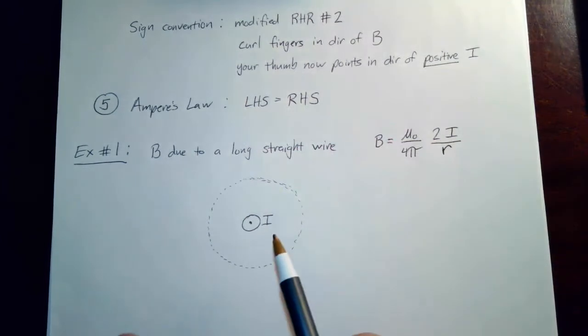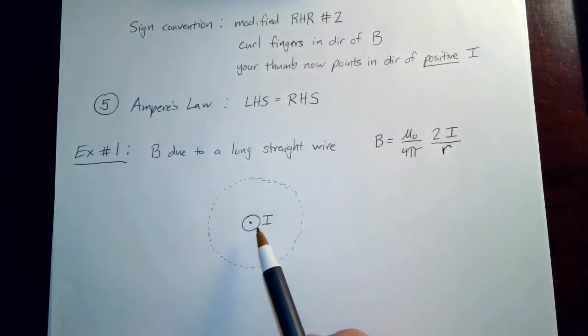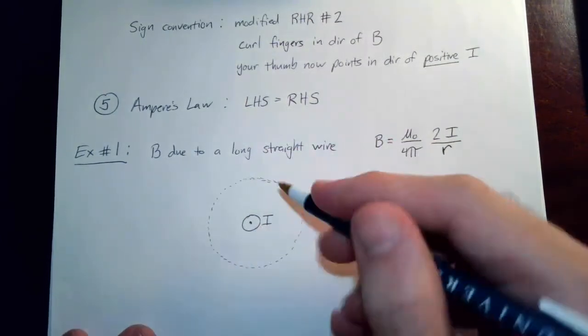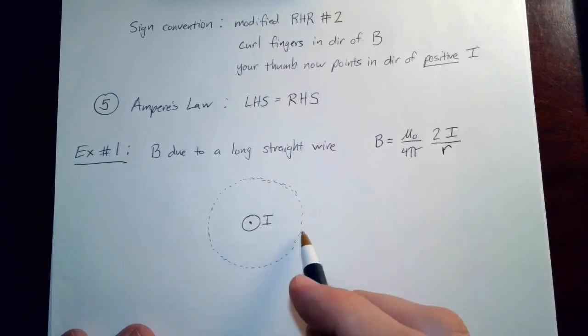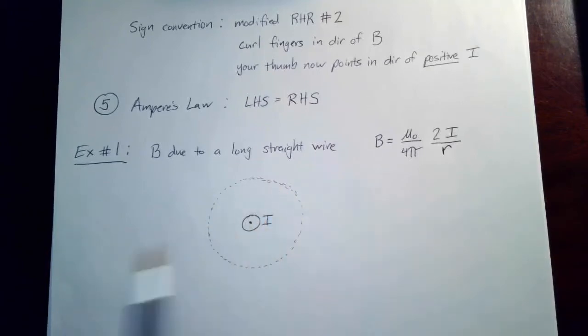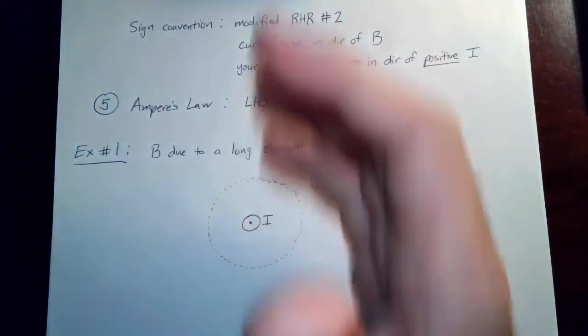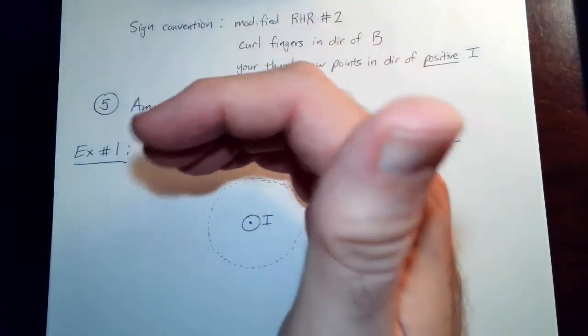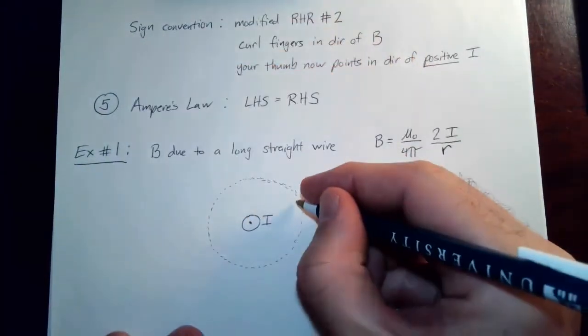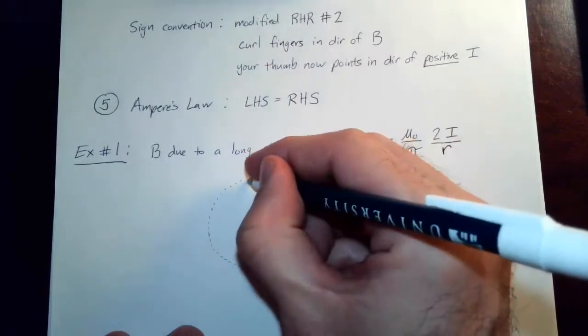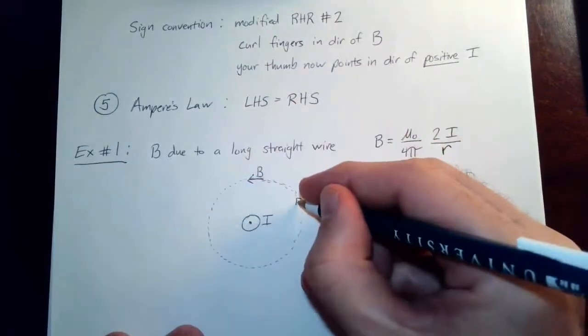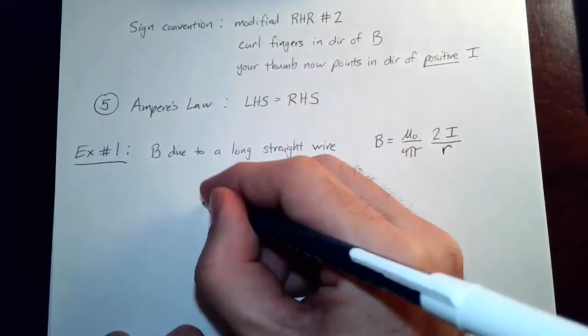Okay, now we know that the magnetic field due to I is going to point counterclockwise around this circle because we can use right-hand rule number 2. I point my thumb in the direction of current, so it comes out of the page, and my fingers curl in the direction of the magnetic field. So we know that B goes around this way, around our Amperian loop.